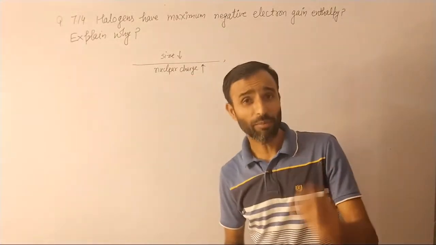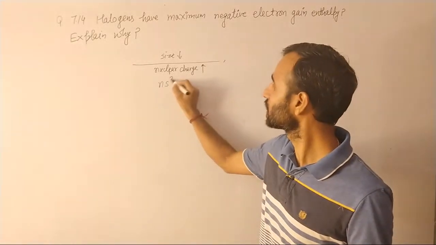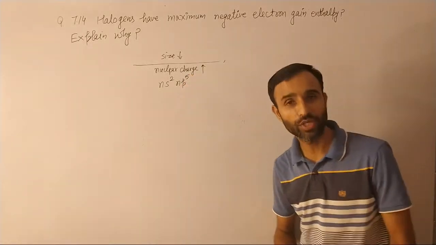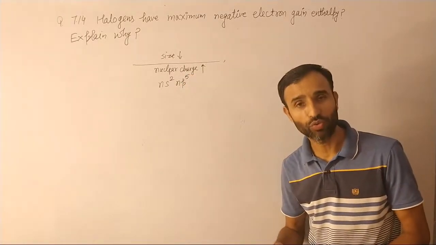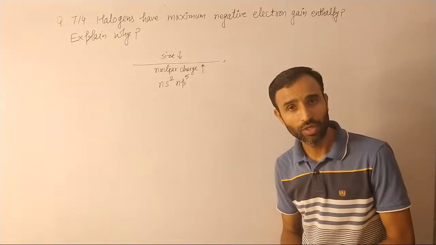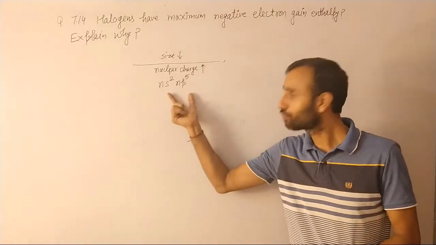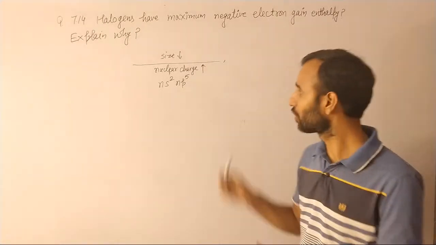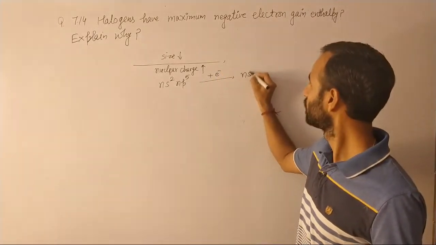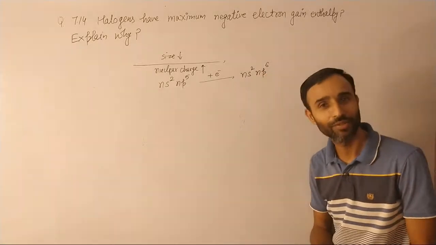And at the same time, halogens have electronic configuration ns2 np5. So just one electron, if added to them, it becomes ns2 np6.